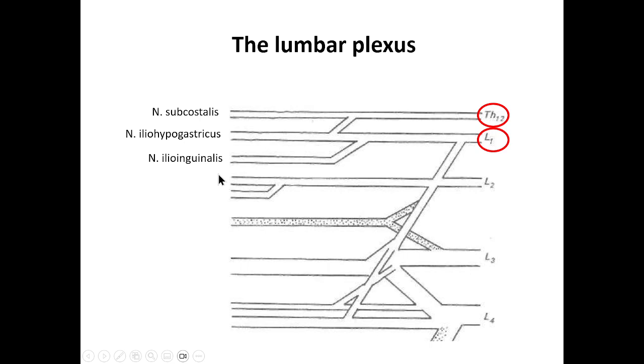And next, could you explain what is the next, what we shall write here? What is the prolongation of L2? Ramus genitalis and ramus femoralis, nervus genitofemoralis.